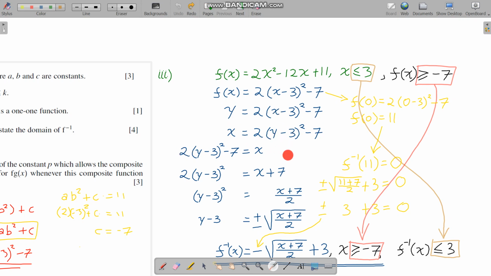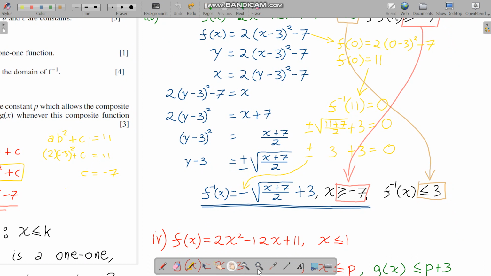You can switch sides, and we add 7 to both sides, divide both sides by 2, take the square root of both sides, we have plus minus square root, and add 3 to both sides.